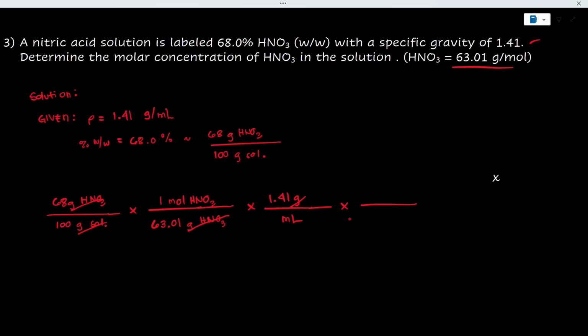Then let's convert this to liters. Okay, 1000 ml. And let's cancel ml, leaving us with mole nitric acid per liter, which is 15.2 molar HNO₃.